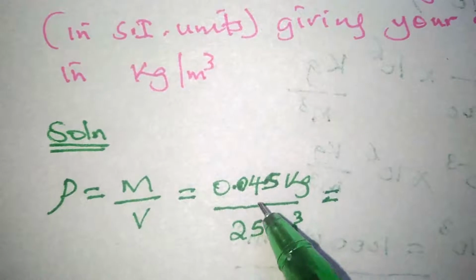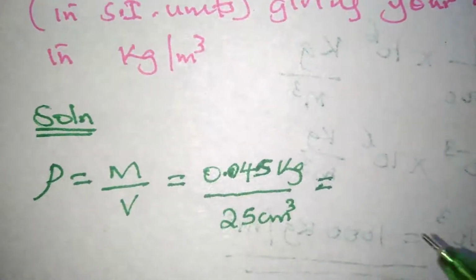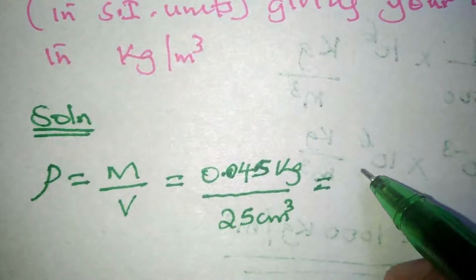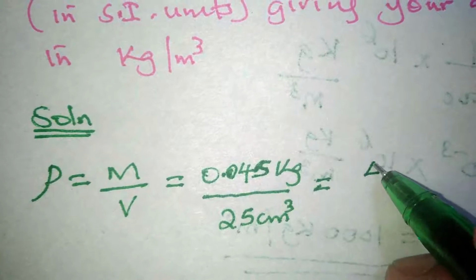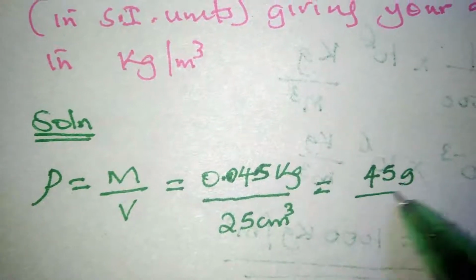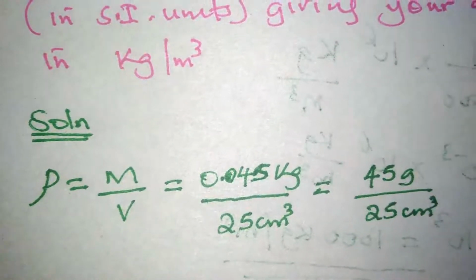And the easiest way here is to convert kilogram to grams, and that we do by multiplying 0.045 by 1000, which leads us to 45 grams over 25 centimeters cube.